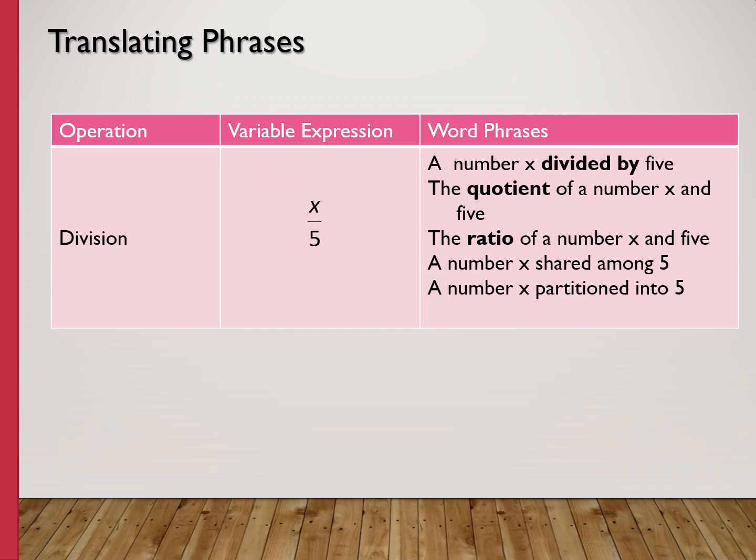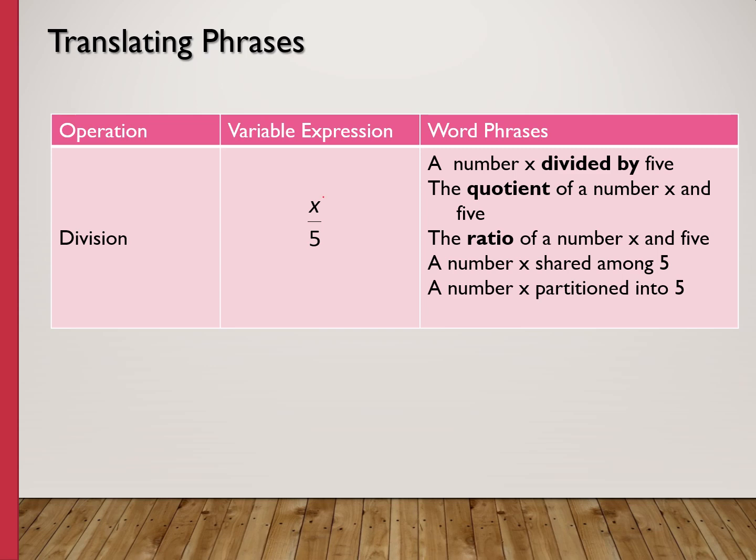Okay? Next, when it comes to operation division, we have, for example, this variable expression, x over 5. Basa natin dyan is x over 5. So, kapag sinulat natin siya into word phrases, pwede nating sabihin na yung number na x ay dinivide natin sa 5.